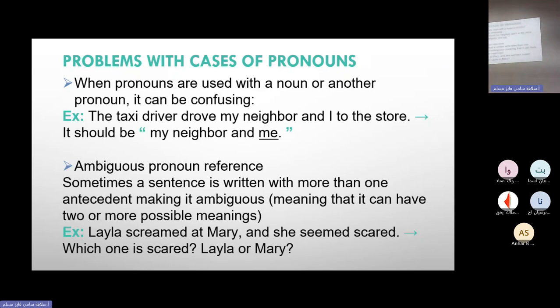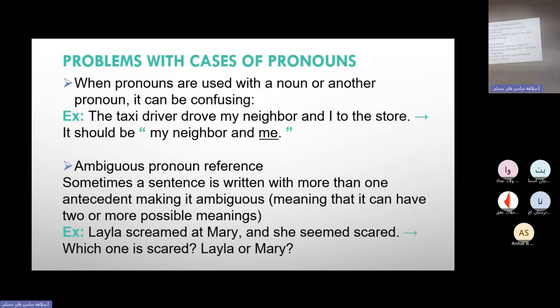No. It should be drove my neighbor and me to the store. كيف بنعرف؟ في تريك. احذفوا my neighbor and. اقرأيها: The taxi driver drove I to the store. هل بنقول the taxi driver drove I to the store؟ drove me to the store.